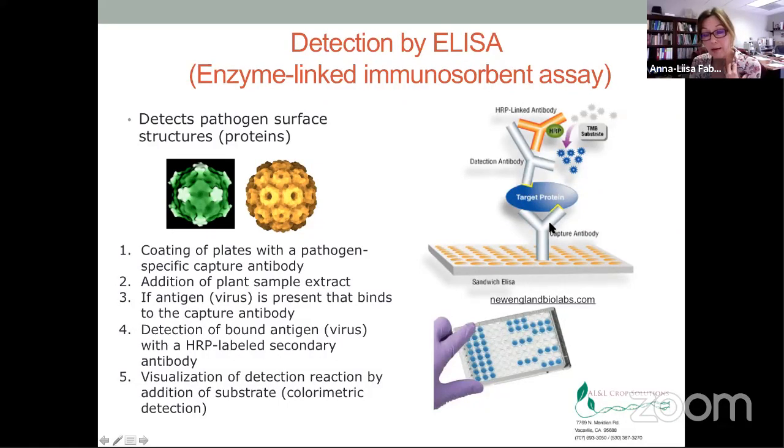We coat this plate with a capture antibody, wash off the extras, the unbound antibodies, and then we add in the substrate, the plant extract, which, if it contains virus particles, will bind. The antibody will detect it, and it will bind. Here is the protein particle that the antibody detects.